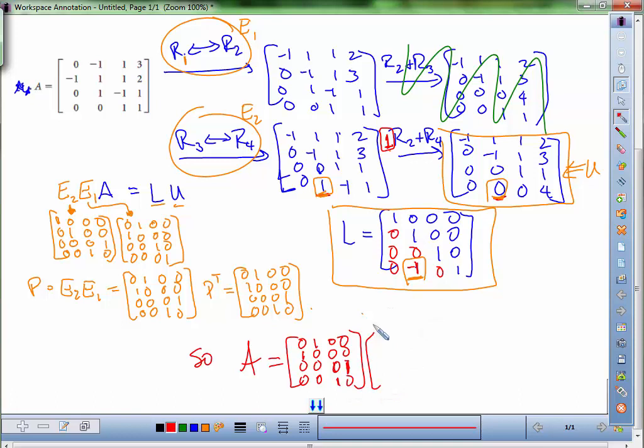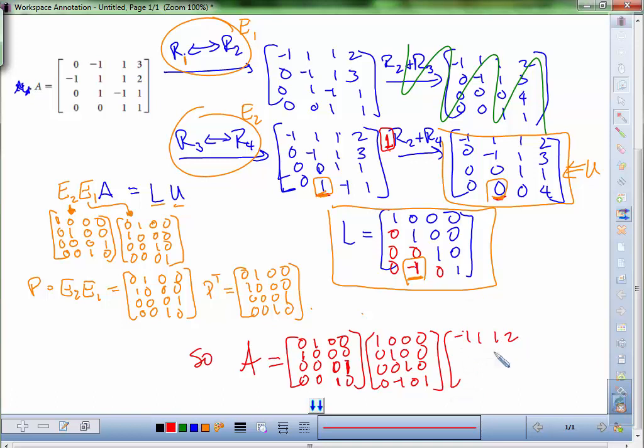And then my L matrix that we just found. And the upper triangular. And that's it. We're done.